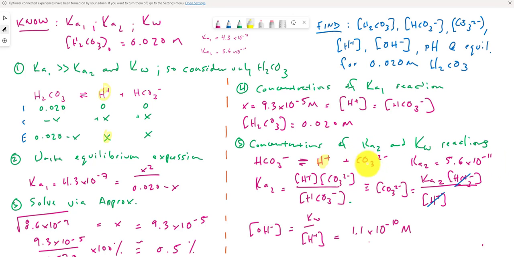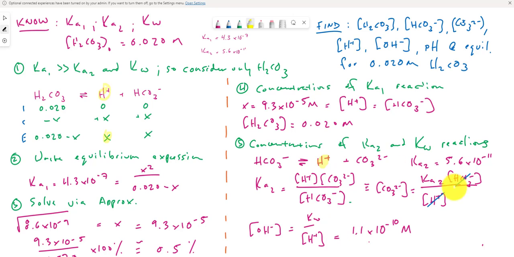So if that is 1-to-1 with the H plus here, then that means H plus coming from this second reaction should also be 5.6 times 10 to the minus 11. And so what we're saying here is the total hydrogen ion concentration in solution is going to be the sum of that coming from this reaction and the first reaction, and technically the reaction of auto dissociation of water.